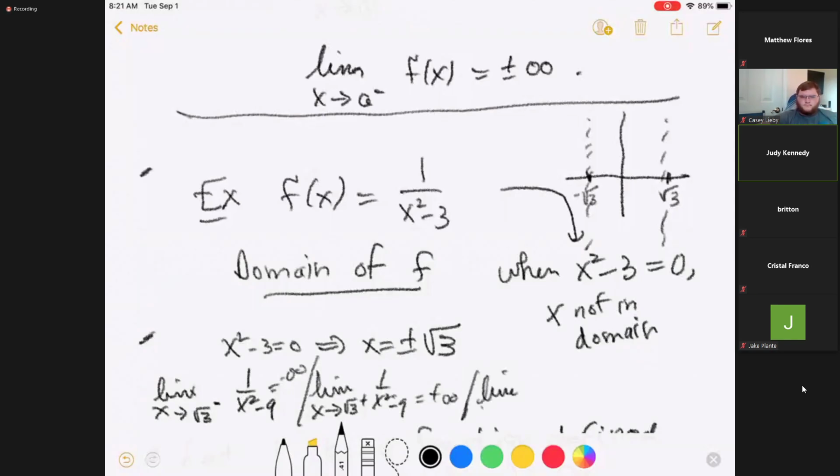The limit as x goes to the square root of 3 from the left. That's going to be, if I'm to the left of the square root of 3, x squared is going to be less than 9, so that's going to be negative. That's going to make that a minus infinity. And then the reverse is going to happen on the other side. And I'm running out of room real fast. It's going to look something like that, where we cross at minus 3.